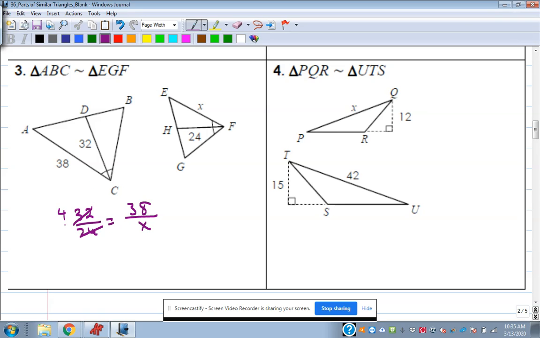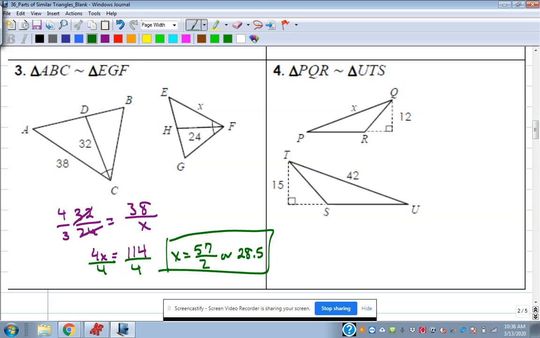Simplify to 4 over 3. 4x is equal to 90 plus 24, which is 114. Is that the right number? 114? Yay, I get it when I do math right. Does that go evenly? No. So it reduces to 57 over 2, or 28 and a half.